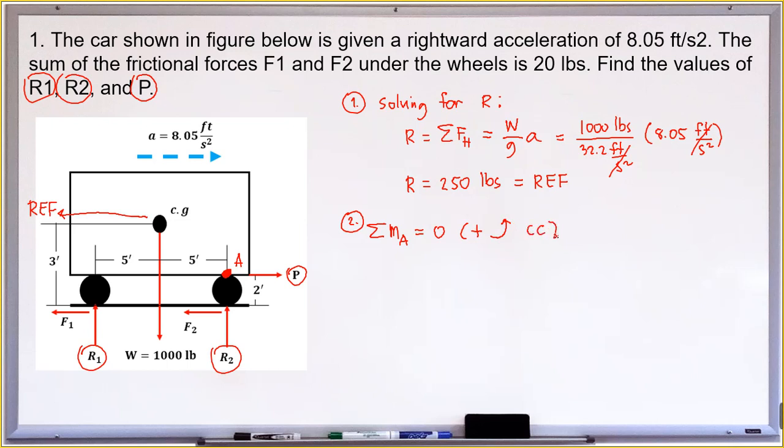So CC. So sa A, natay weight, no, or let's start with the reverse effective force, REF. So REF times its moment arm. So the perpendicular distance of point A and the reverse effective force, that is 3 minus 2.